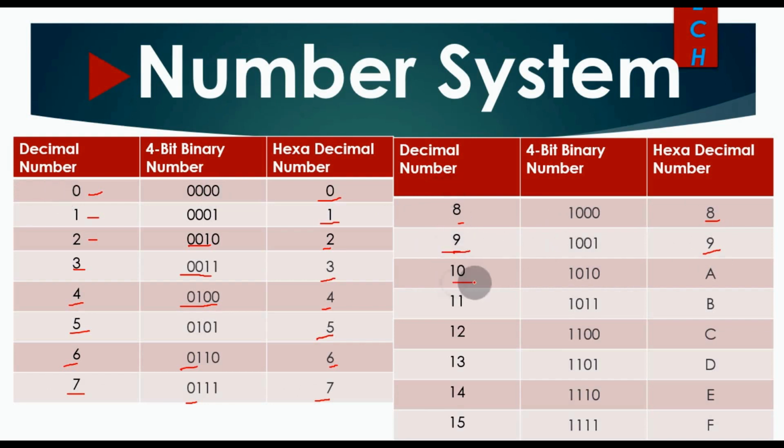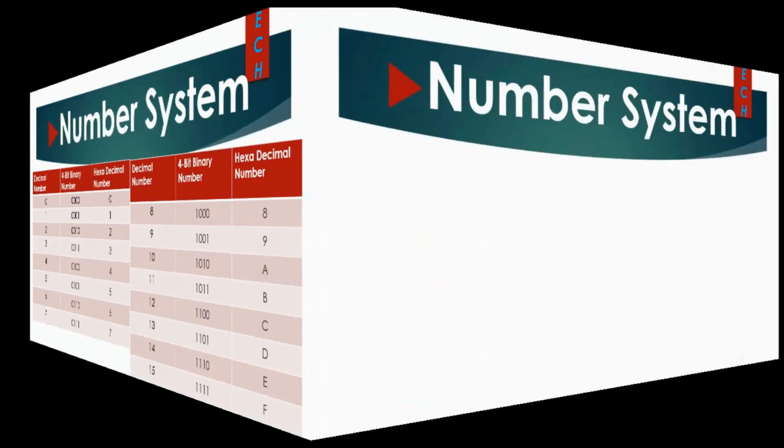For decimal 10, the binary is 1010, but in hexadecimal it is A. For 11, it is 1011, this is B. For 12, it is 1100, it is C. For 13, it is 1101, it is D. For 14, it is 1110, it is E. For 15, it is 1111, and it is F. So you can see from 10 to 15, it is represented in the hexadecimal number system by A to F: A, B, C, D, E, and F, corresponding to the numbers 10 to 15.